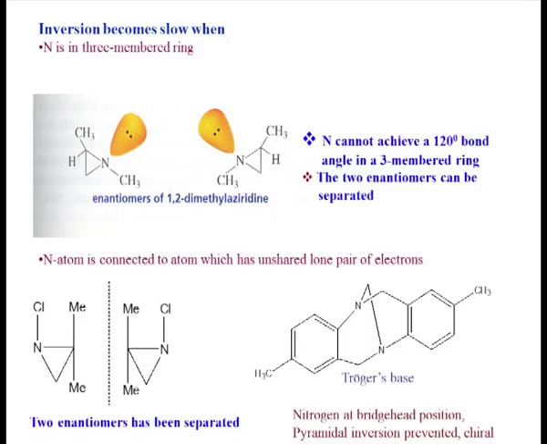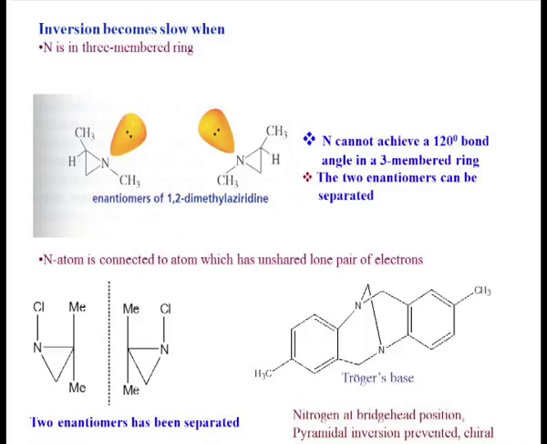But if it is an acyclic ammonia derivative, it is very difficult, because the interconversion is very fast. One more example is here, that is Tröger's base, where a benzene ring with carbon, nitrogen, carbon is there. It is symmetrical, with 2 benzene rings, and there is a bridge between the 2 nitrogen atoms through a methylene group.